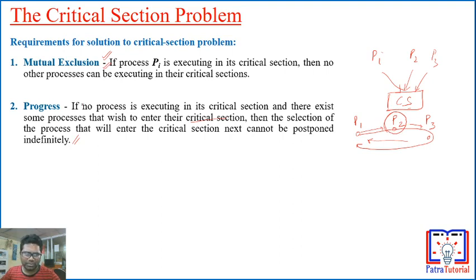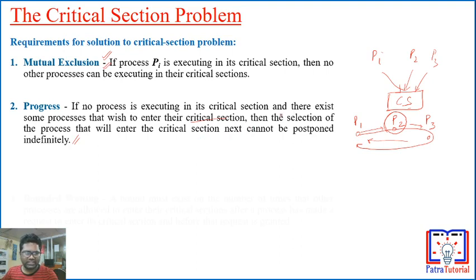Progress states that only those processes which are interested in getting into the critical section will be competing for it, and those who are not interested will not create any problem for the others. That is what progress is.